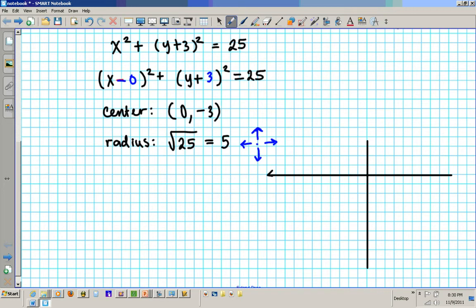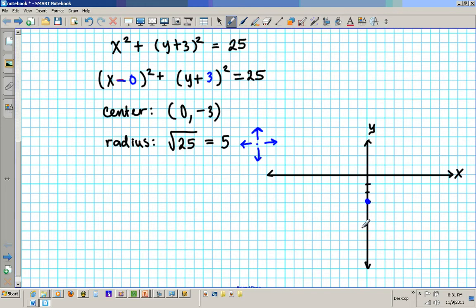Alright, so draw a coordinate system. Label them y and x. So we're going to go 0, no move to the left or right, and then we're going to go down 1, 2, 3. And that gives us our center.